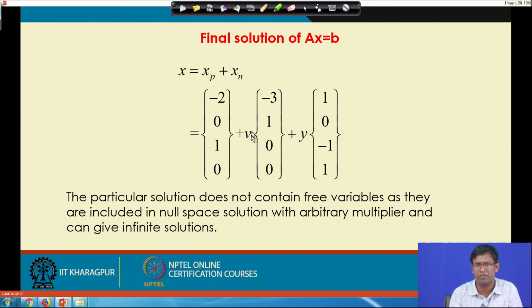So, there can be infinite vectors, and this is typically the functional form of A x is equal to b when it has infinite solutions. So, this is the particular solution, and any solution will be a linear combination of the null space vectors with this particular solution. Okay. So, this answers the question, when there are infinite solutions, how we can get the functional form of the solution.